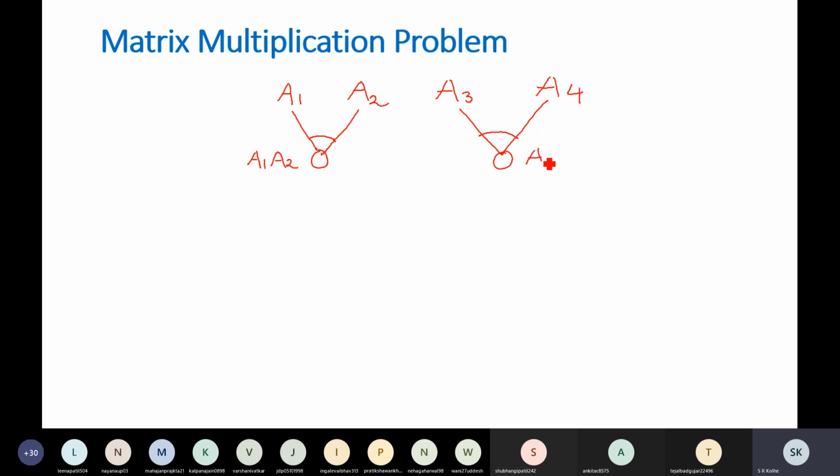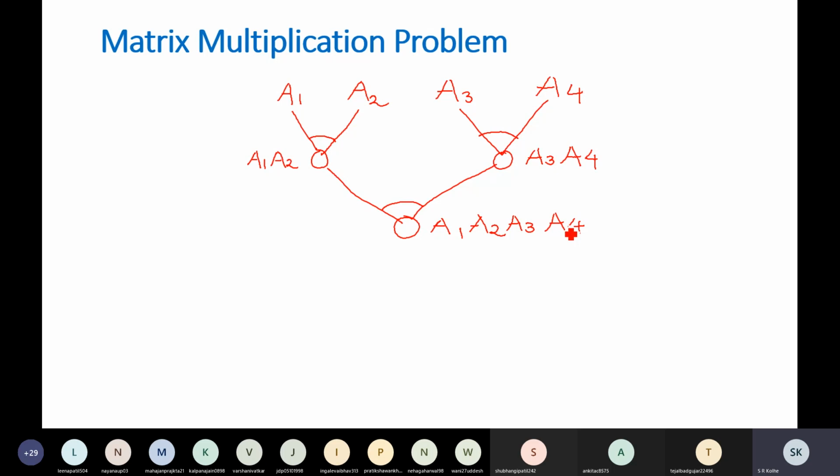This node is A3 A4. Then we will multiply these together, so this node represents A1, A2, A3, A4, the multiplication of these 4.